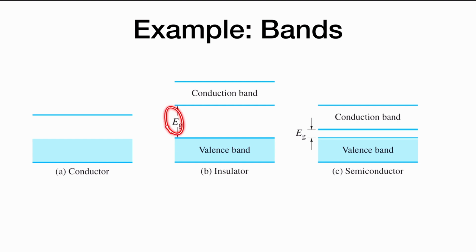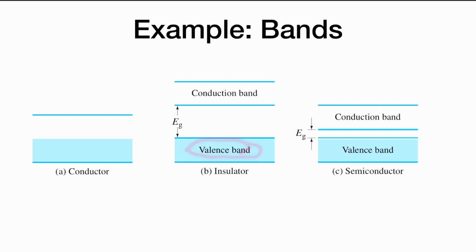And Eg corresponds to an energy gap or a band gap. Over here electrons can reside, and over here electrons can reside, but in this middle region they are forbidden. Now this region here is filled with electrons. As you can see, this is the lower part, this is the upper part, and it's shaded all the way to the top.